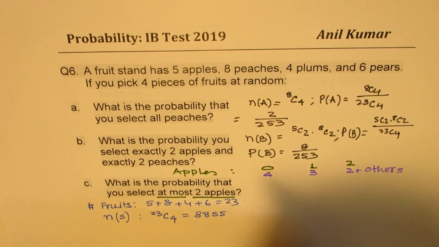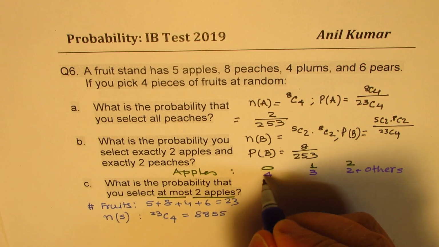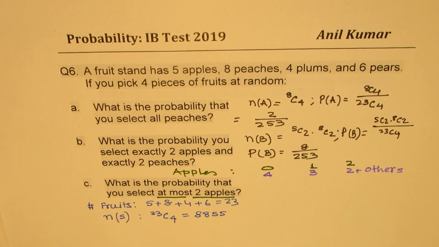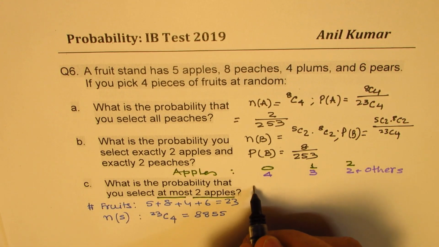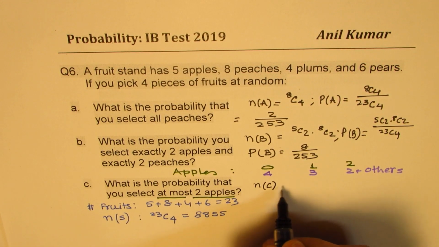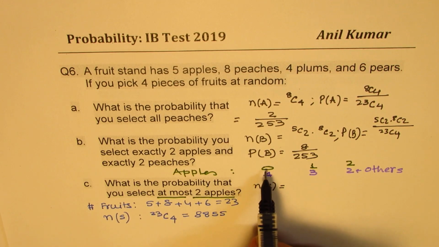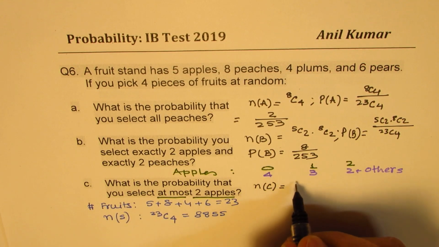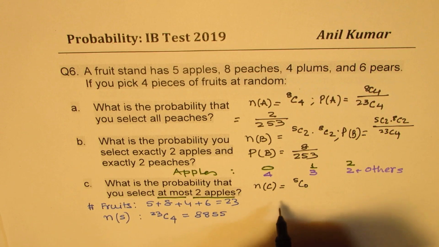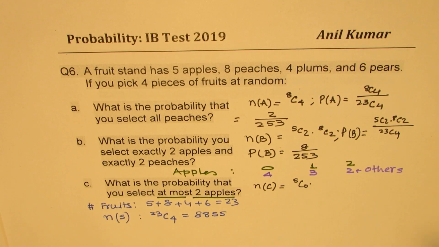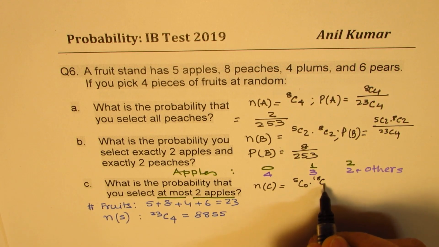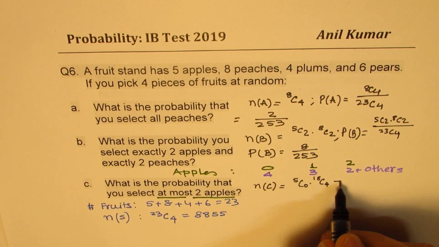Now we need to find all these sample spaces, correct? So in this case, the favorable outcomes for option C are that you don't choose any apple, right? So out of 5, you choose 0 apples, but you choose other things. So out of 18, you select 4.